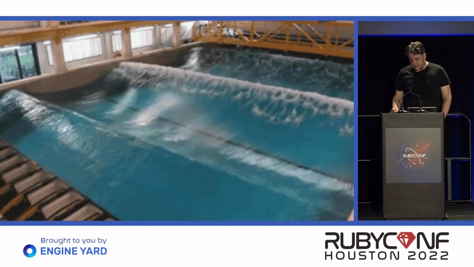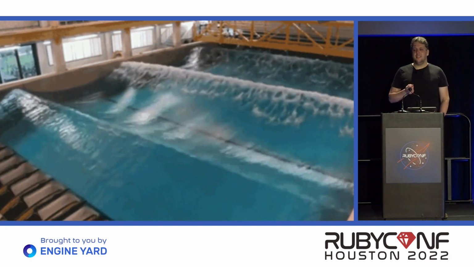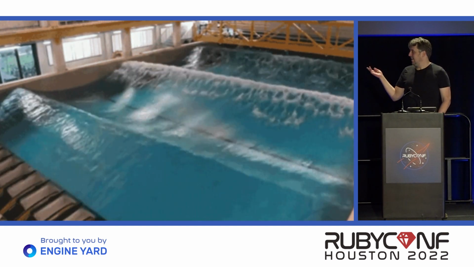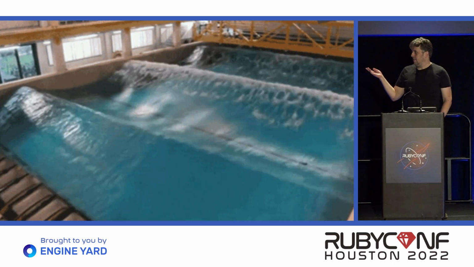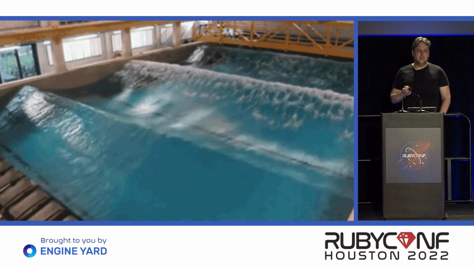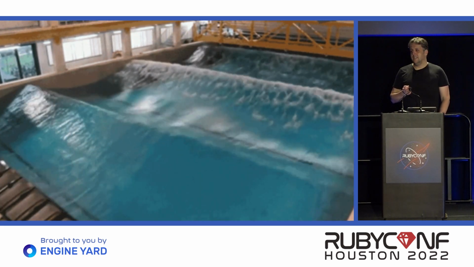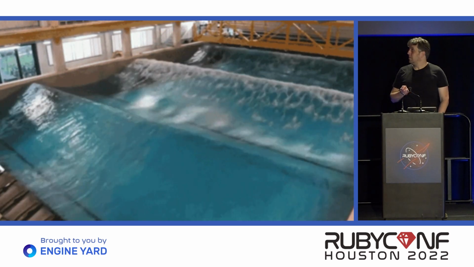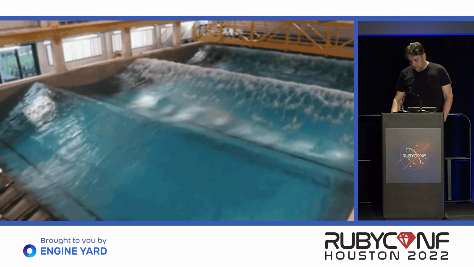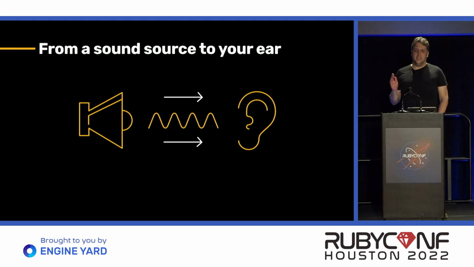The easiest way to visualize a waveform is like this. It's basically the same as a wave in a pool of water, except with air molecules instead of water molecules. These waves travel through the air from a sound source to your ear.